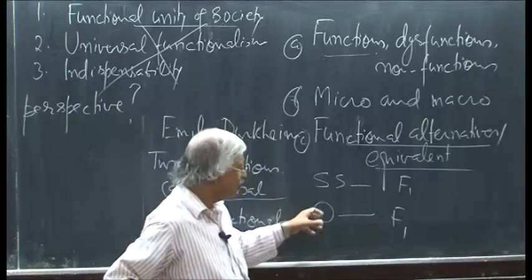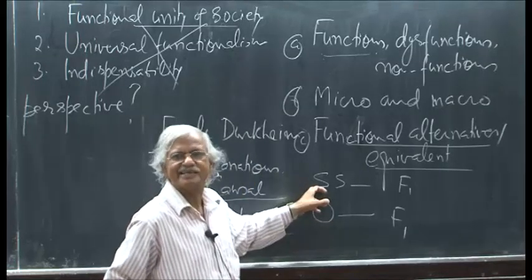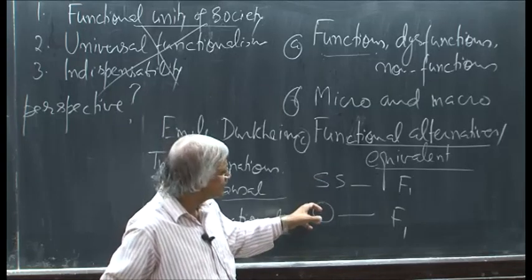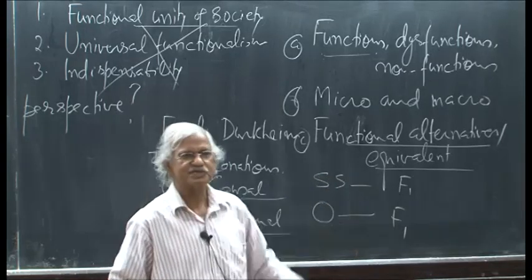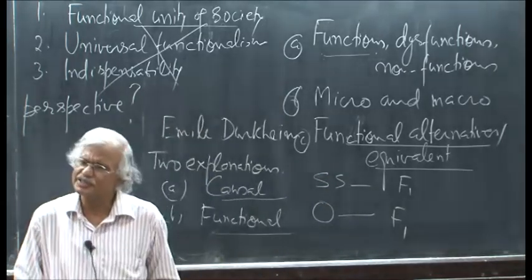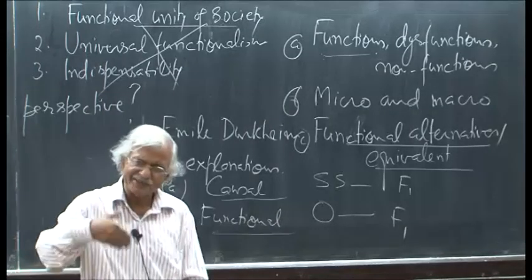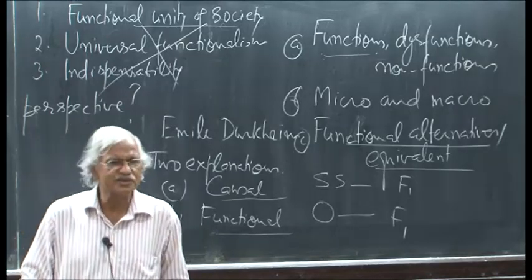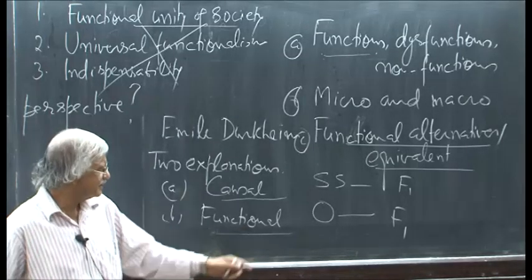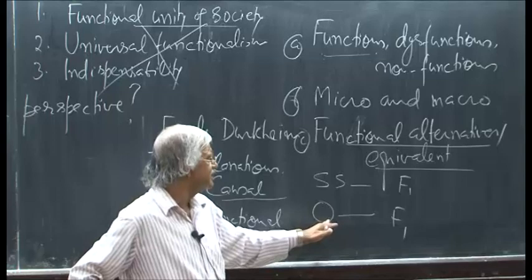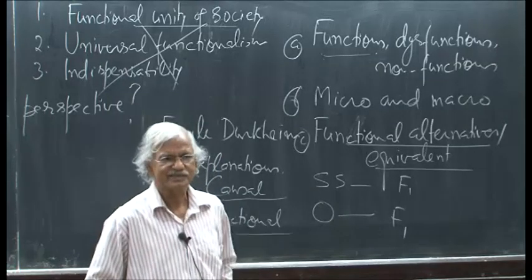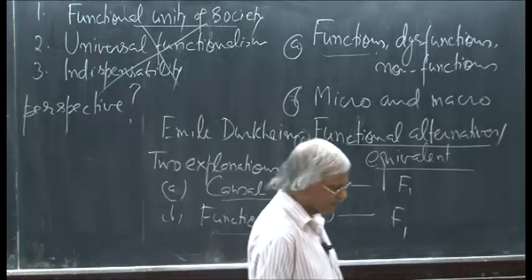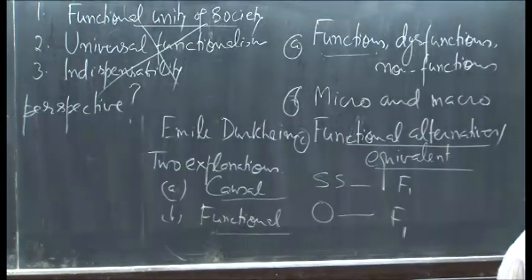Then we will say that O is a functional alternative or functional equivalent of social stratification. It's equivalent because this O, some other way of distribution or allocation of roles in society, is as good as social stratification. So, there can be functional equivalents and functional alternatives.